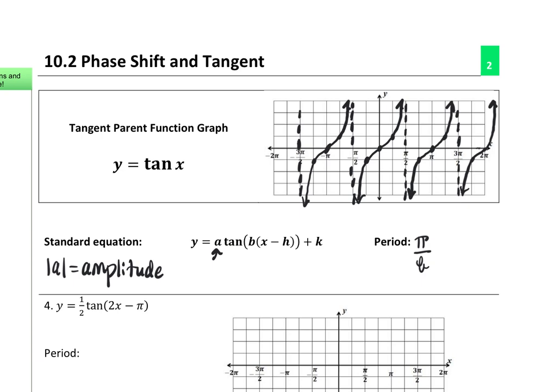So that one is different for tangent. You just have to remember that. This piece right here, the k, will tell us our up, down for our midline, just like before. And if you have something here, that tells us our phase shift, our left, right, so that makes it harder.